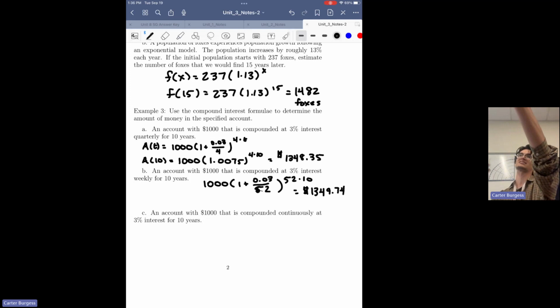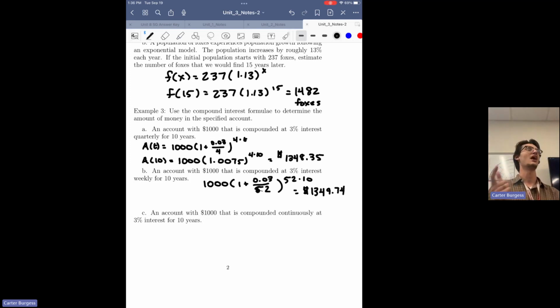Now, in terms of practicality, as soon as you get beyond 365 compoundings, what you're affecting is beyond those first two decimal places. So yes, technically you are getting more bang for your buck, but it's so small that you don't really see it. So 365 is actually generally a good benchmark.